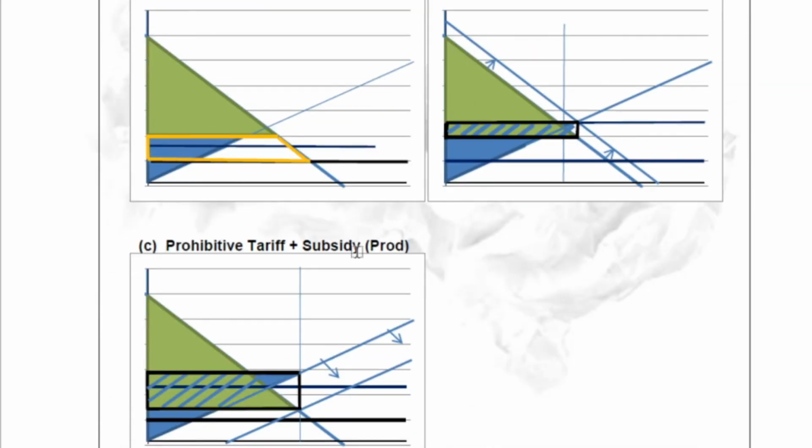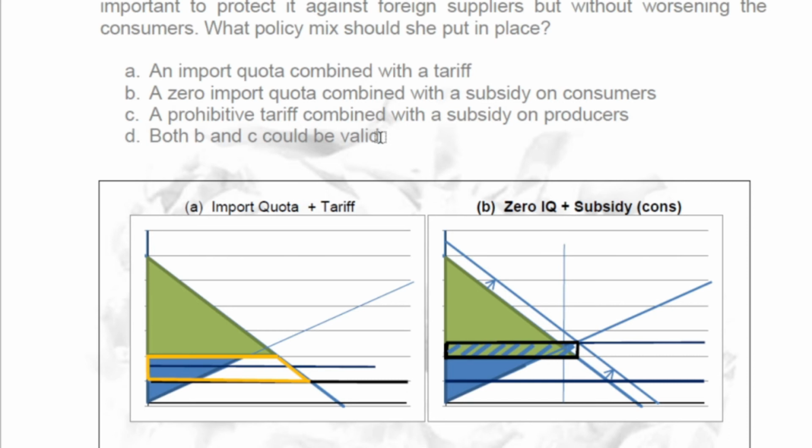A prohibitive tariff would increase the price until autarky, yeah. And then if we subsidy producers, the supply will move to the right and maybe achieve the same quantity demanded, so sold for consumers. Okay, so we would mark B and C.